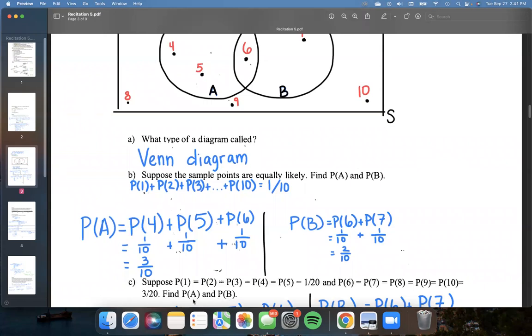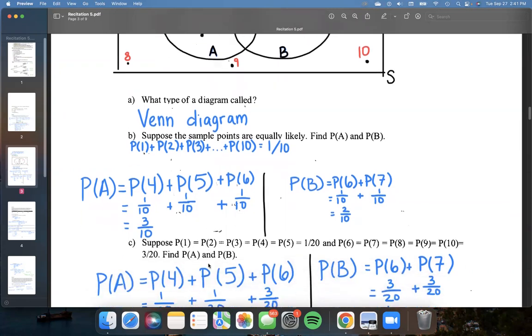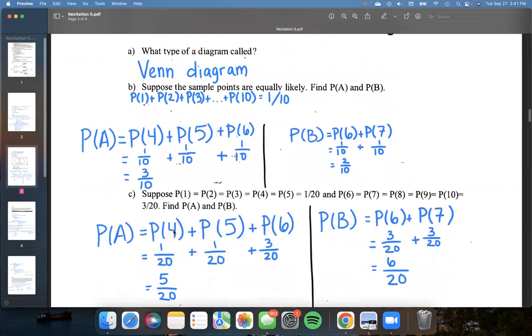Now we want to find the probability of A and B. So we're going to do the same method, except our probabilities in this problem changed. So here we have the probability of 4 is 1/20, probability of 5 is 1/20, and the probability of 6 is 3/20. So you add those together, you get 5/20.